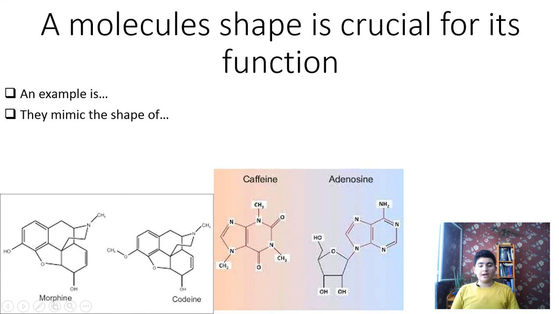Another example is caffeine. Caffeine is a kind of stimulant, but it's not that bad and doesn't have as many bad effects on the body as the other drugs, and it mimics the structure of adenosine.